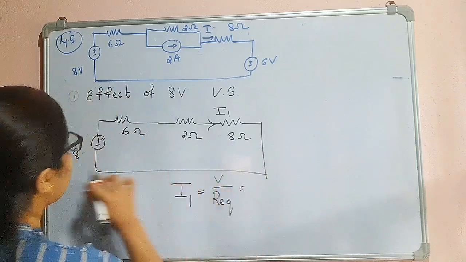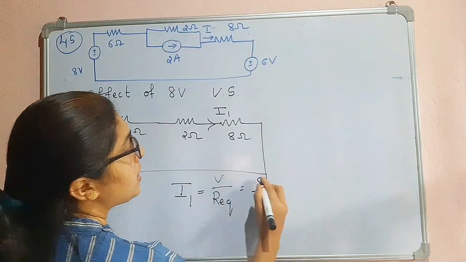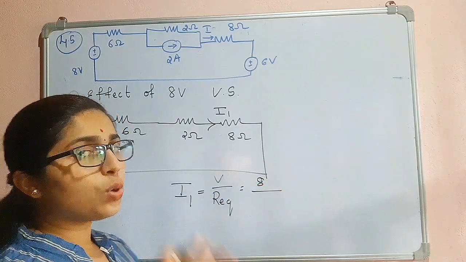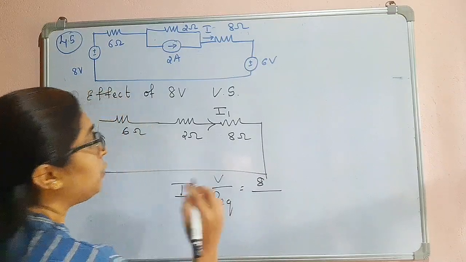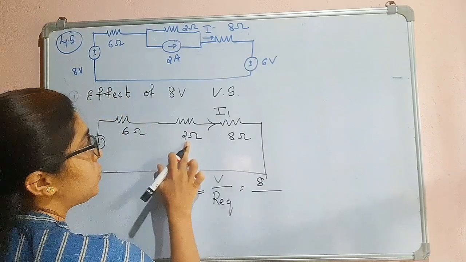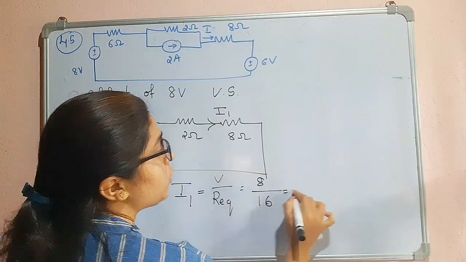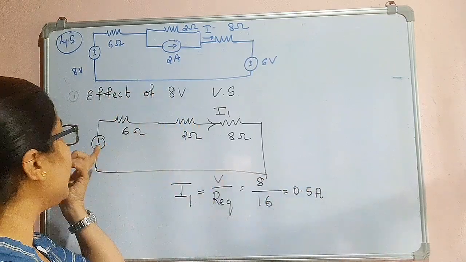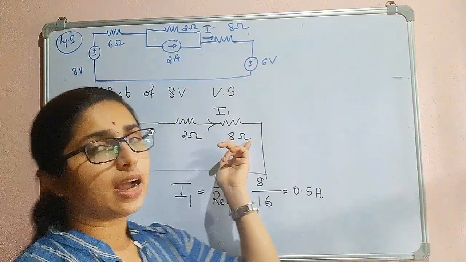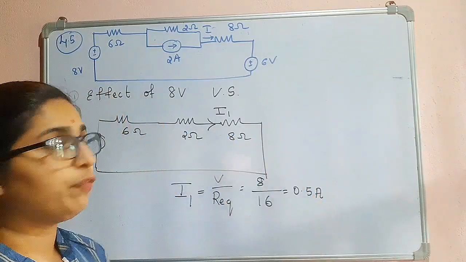V is 8. Since those 3 resistors are in series, you add them to get R equivalent: 6 plus 2 is 8, 8 plus 8 is 16. So this will be 0.5 ampere. Due to the 8 volt voltage source, the current I will be 0.5 amperes.